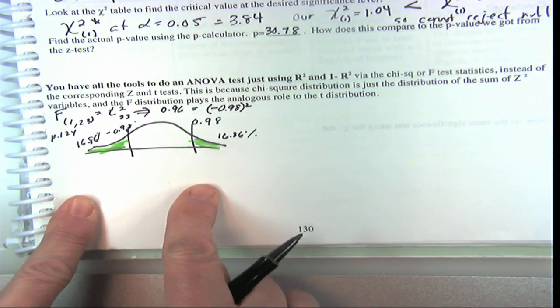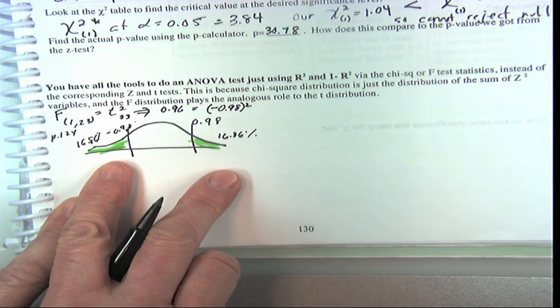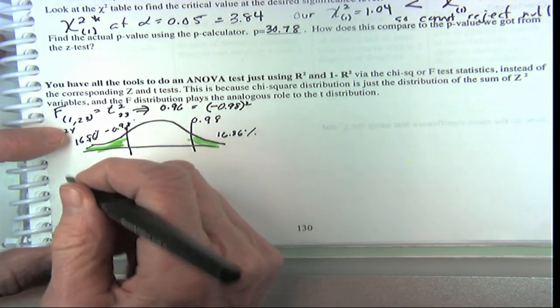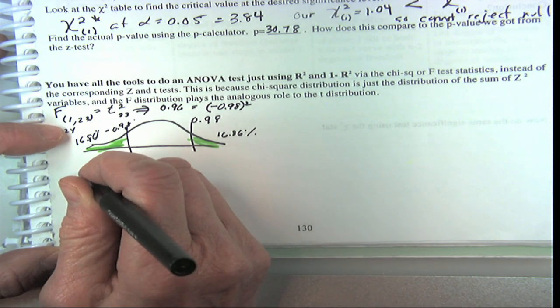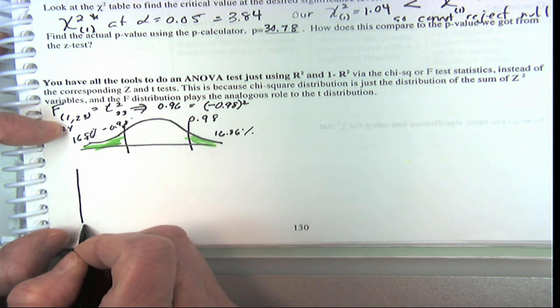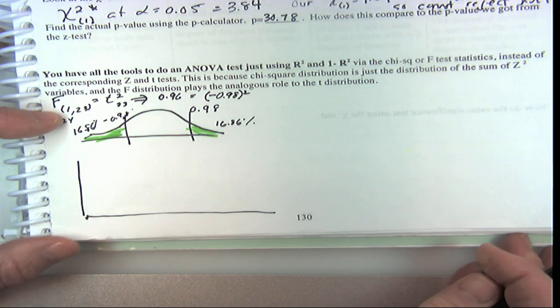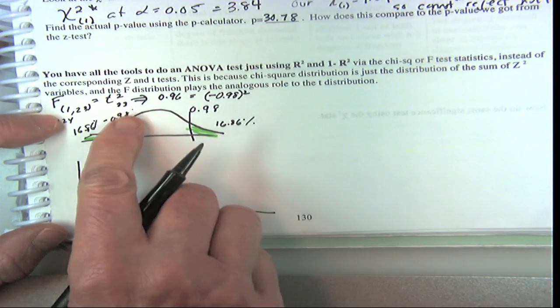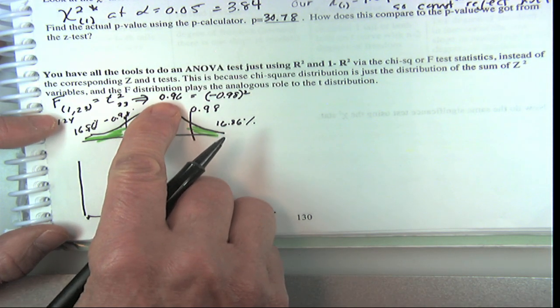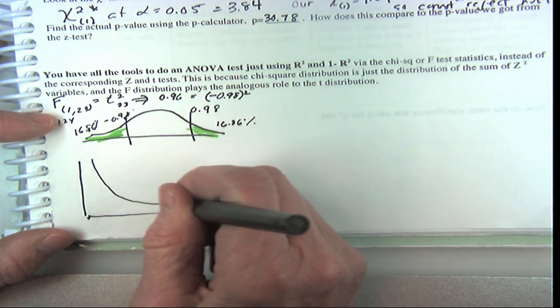And then I'm saying that that is going to be the same as this F statistic, like this, where we got 0.96. So we have this F curve like that.